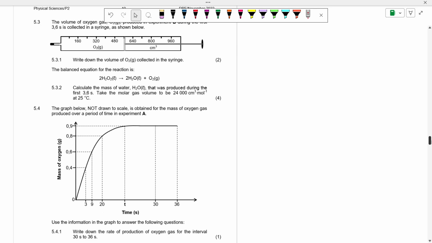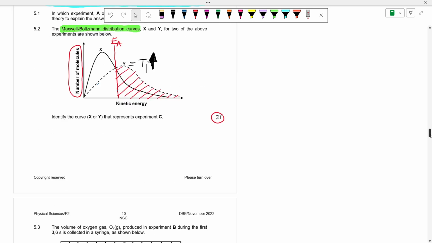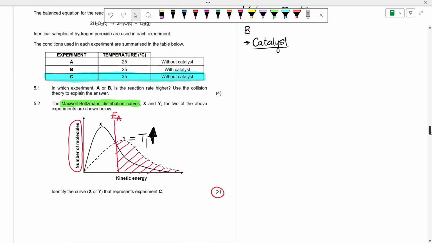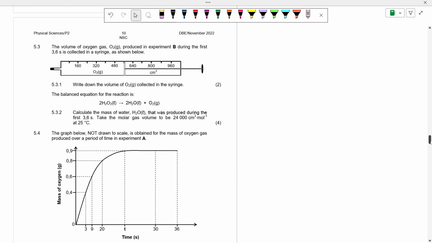5.3, moving on. The volume of oxygen gas, O2, produced in experiment B. So you need to just quickly check what experiment B is about, and it's just an experiment that is happening at a temperature of 25 degrees Celsius with a catalyst. Then they say the O2 produced in experiment B during the first 3.6 seconds is collected in a syringe as shown below.